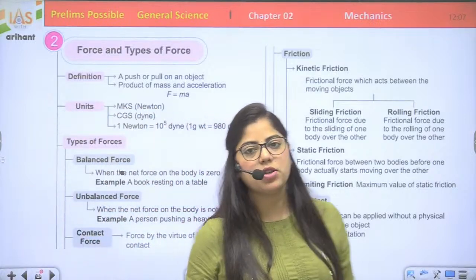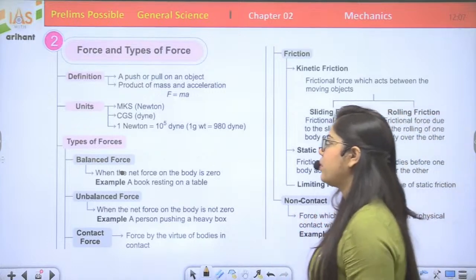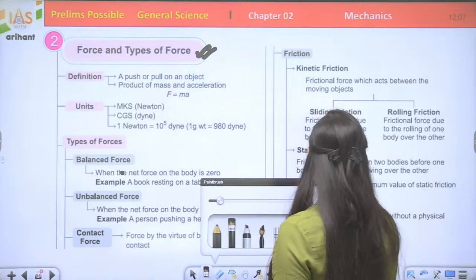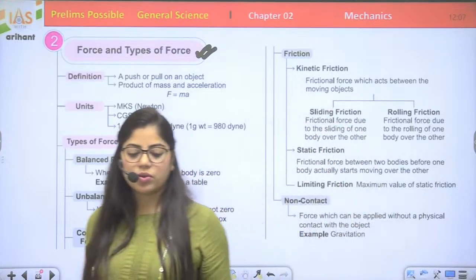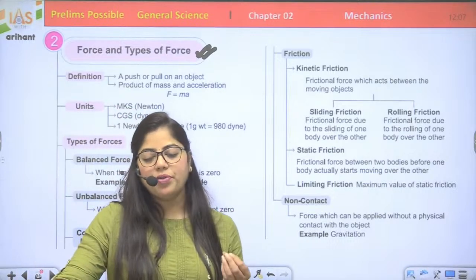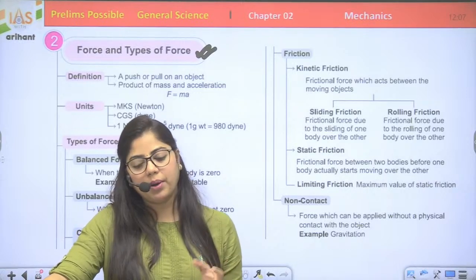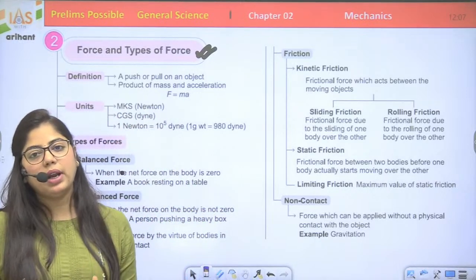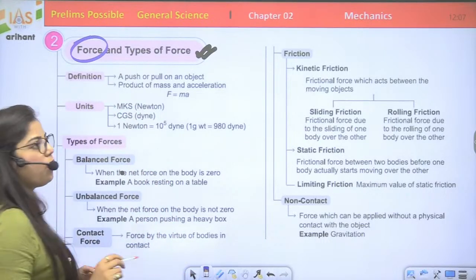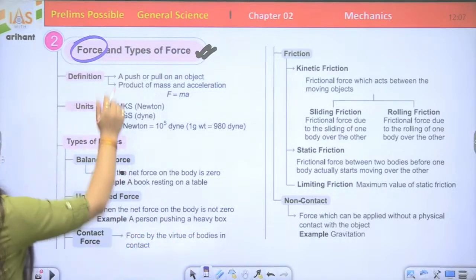This is the second topic of Unit 2, Mechanics: force and types of forces. Now the question arises, what is force? Force is an external agent capable of changing a body's state of rest or motion. It has both magnitude and direction.